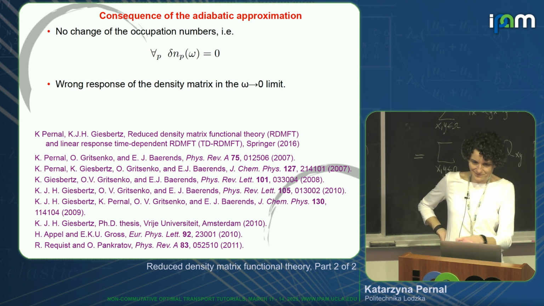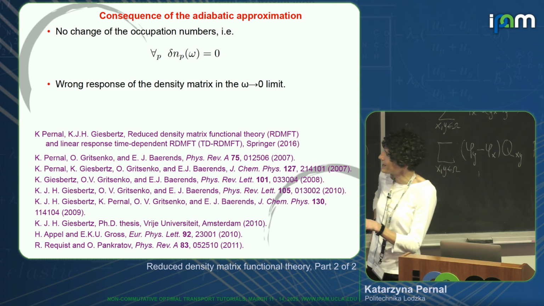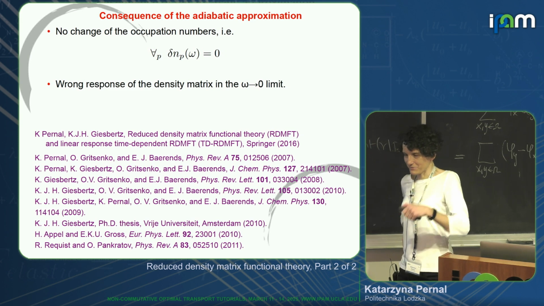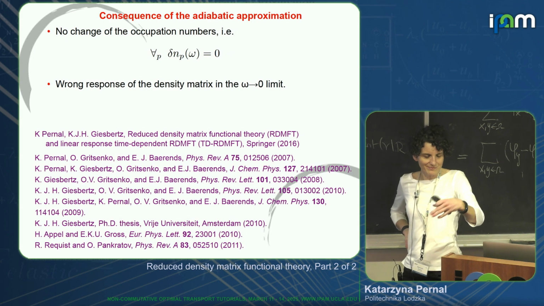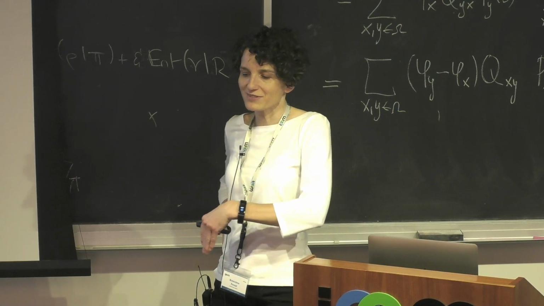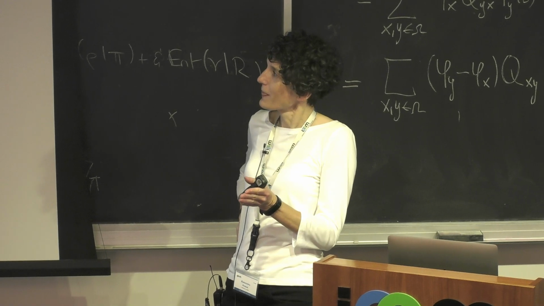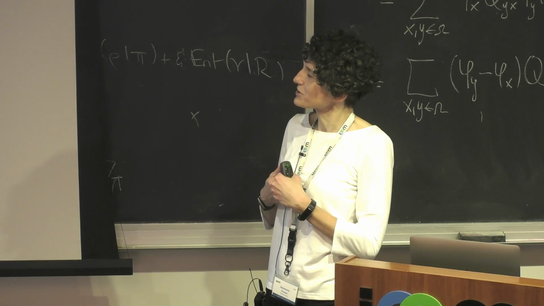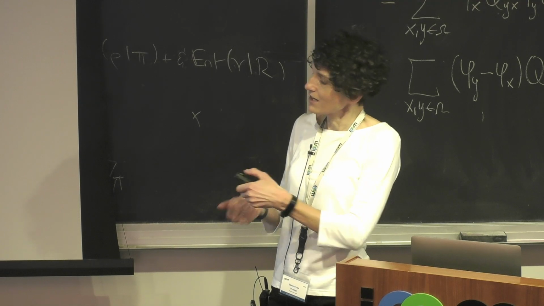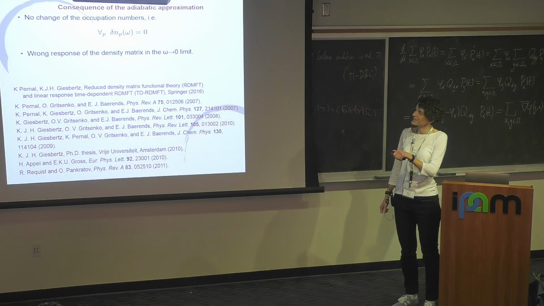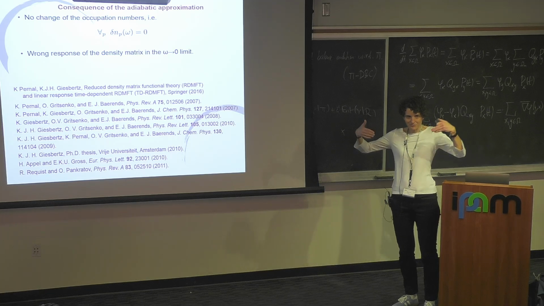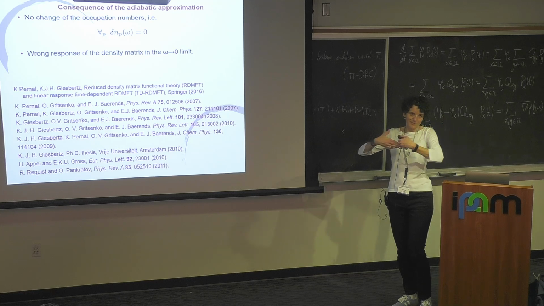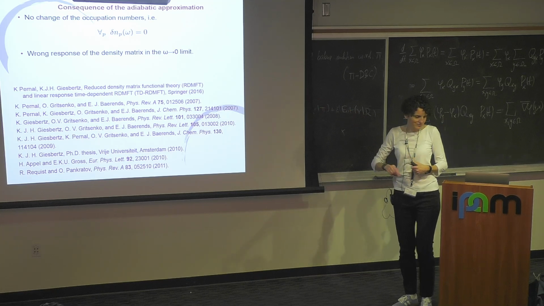The other thing is that there is a wrong response in the limit when omega goes to 0. This is maybe less important for today, but it means that if you derive a response equation to a static perturbation, the response of the density matrix is different from the response from the time-dependent equations in the limit omega going to 0. This is definitely wrong. Those two theories should match when omega goes to 0, and they don't.